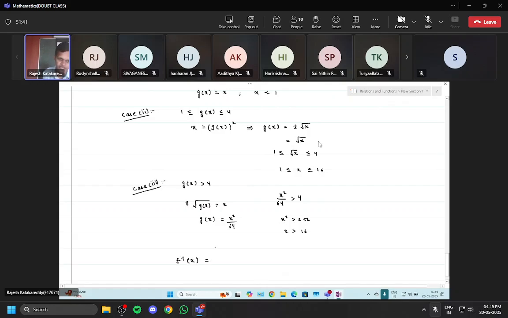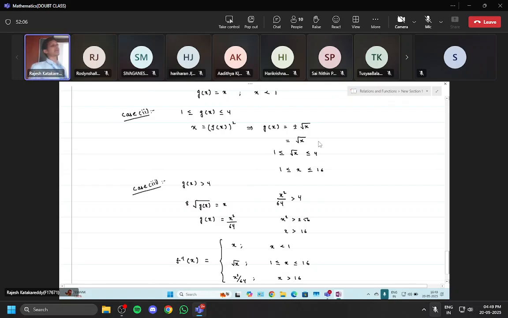f inverse of x is equal to x whenever x is less than 1. Case 1 result I have taken. This is equal to root x whenever 1 is less than or equal to x, less than or equal to 16. Now the last one, x square by 64 when x is greater than 16.